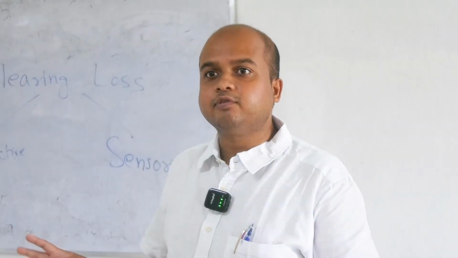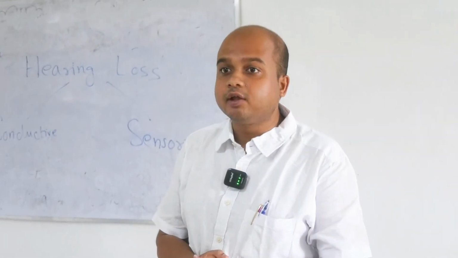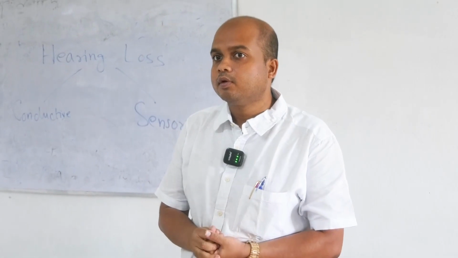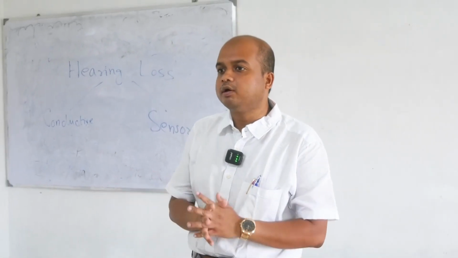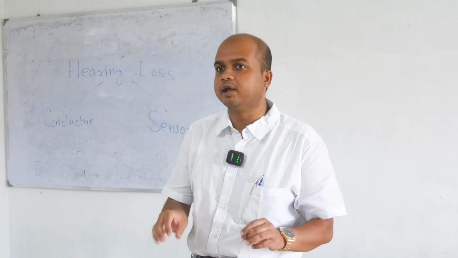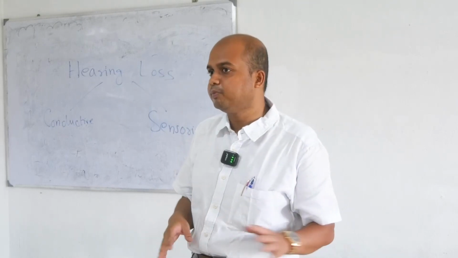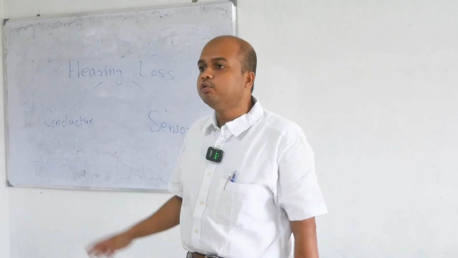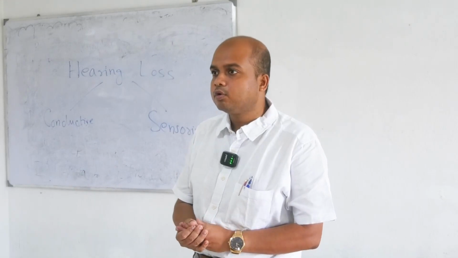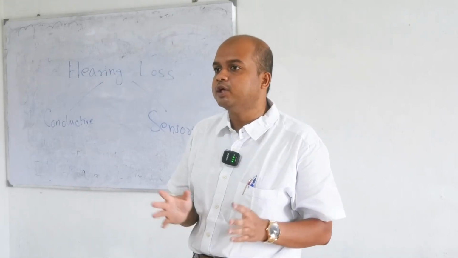Till now the discussion which has been done, whatever we have discussed today in the last 10 to 12 minutes, what do you think conductive hearing loss is? Where will the issue be?